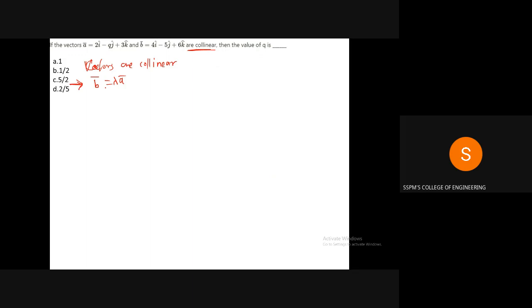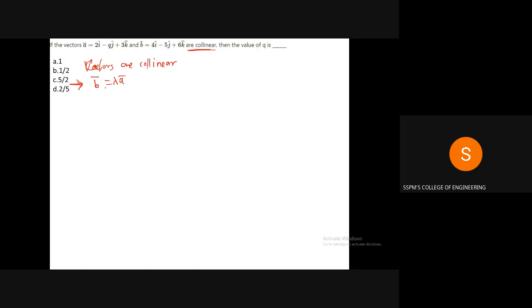So b bar is equal to what? b bar is 4 i cap minus 5 j cap plus 6 k cap, is equal to lambda a bar. So lambda into what is a bar? 2 i cap minus q j cap plus 3 k cap, that is equal to 2 lambda i cap minus q lambda j cap plus 3 lambda k cap, that is equal to 4 i minus 5 j plus 6 k.